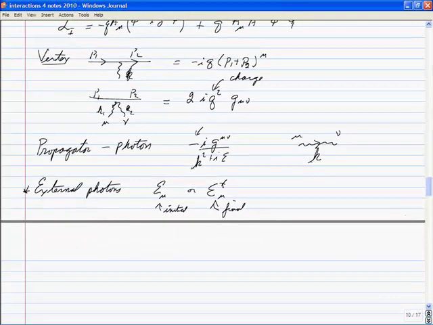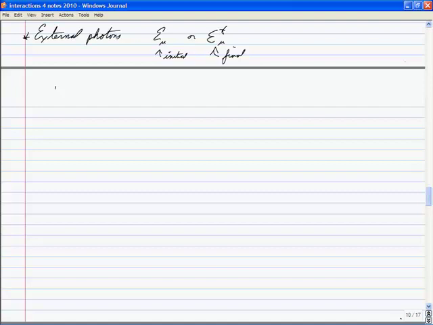Okay, I guess I have some time to do an example. Let's do an example. Okay, this example is what would be called Compton scattering.